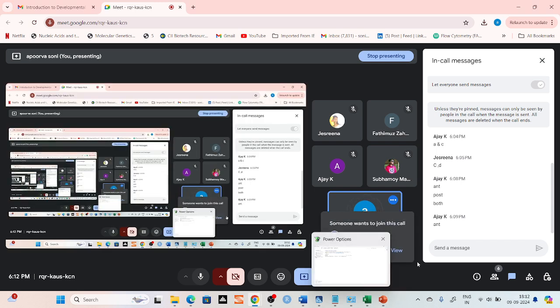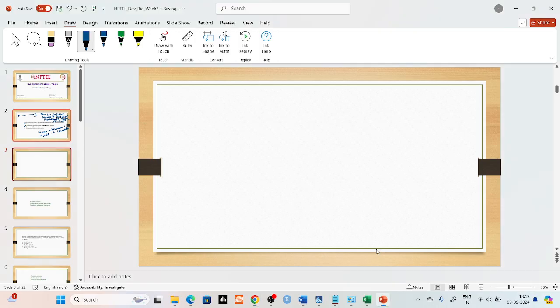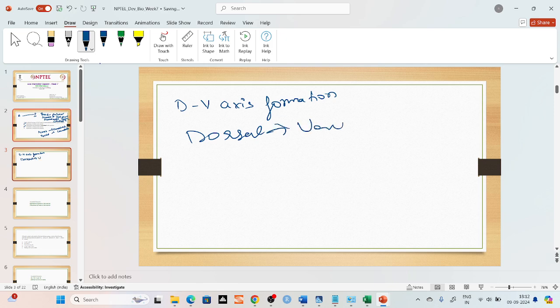See, we have dorsal to ventral axis formation, in which one of the key players is dorsal. Dorsal is responsible for ventral axis formation or ventralization. That means when dorsal is expressed, ventralization occurs.